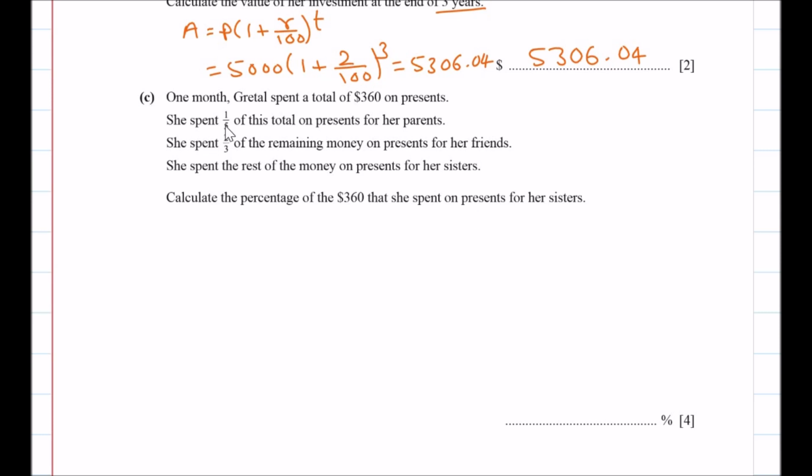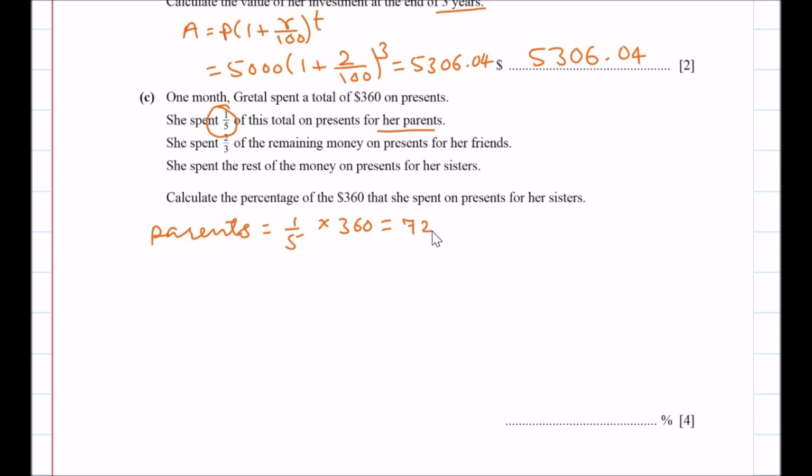So 1/5 on parents. 1/5 of total, that means 360. So for parents, 1/5 into 360, and that comes 72.